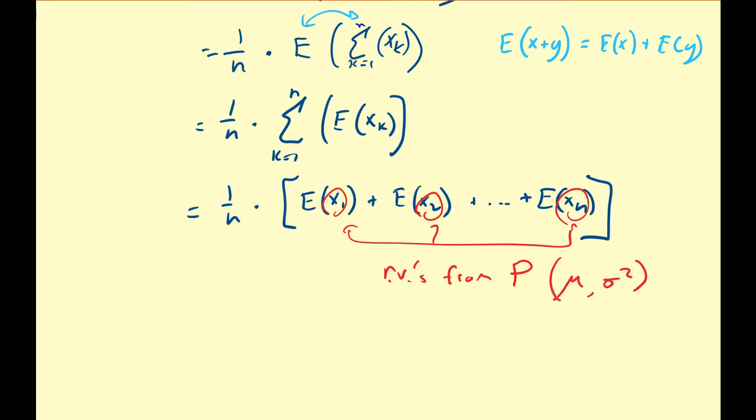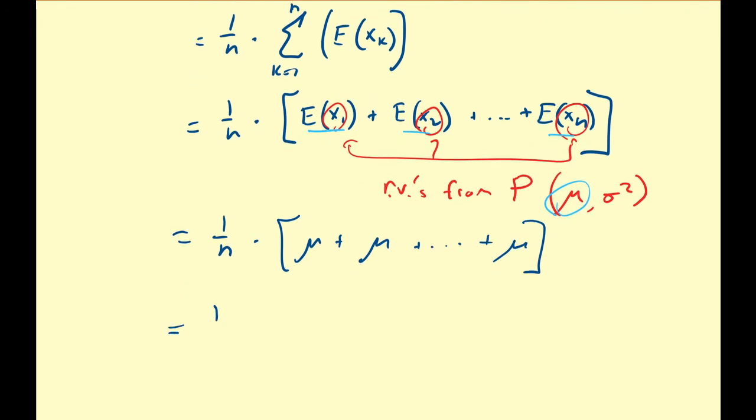So the expected value of each of these variables is going to be the mean of the population they are associated with. That means this comes out to 1 divided by n times mu plus mu added up n times, which is equal to 1 divided by n times n mu.